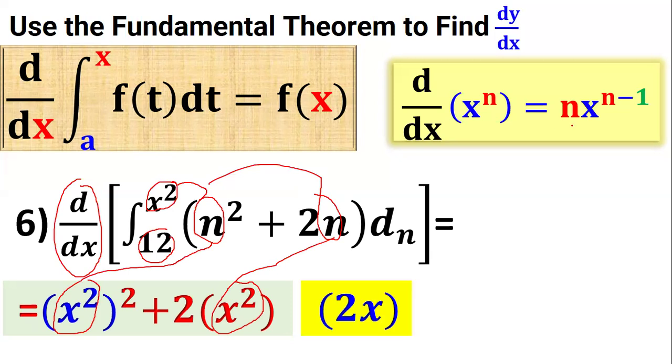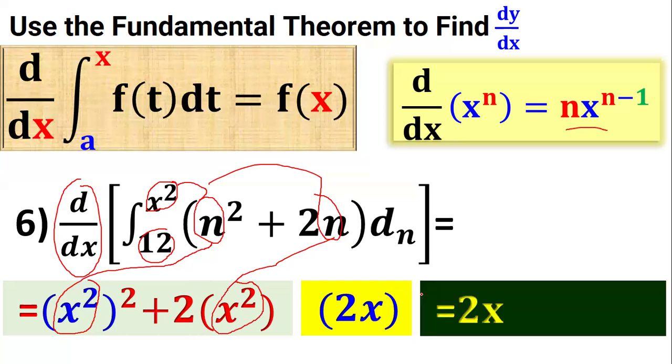By applying the power rule of derivative, the derivative of x squared will be 2x. So x squared to the power of 2 will be x to the power of 4, multiplied by 2x, it will be 2x to the power of 5. Then 2x squared multiplied by 2x will be 4x to the power of 3. Done.